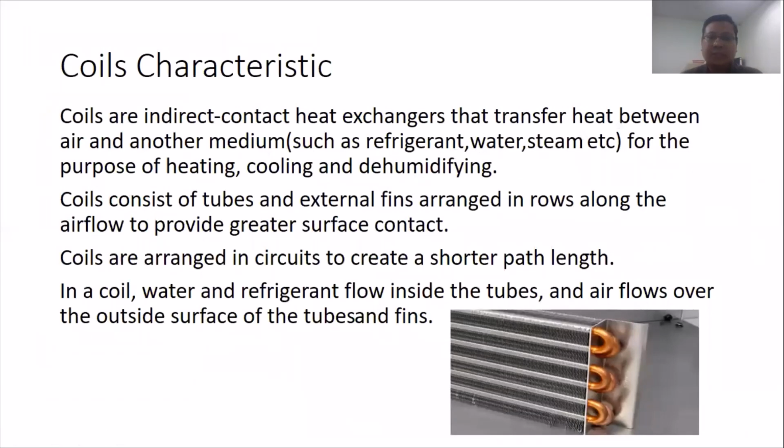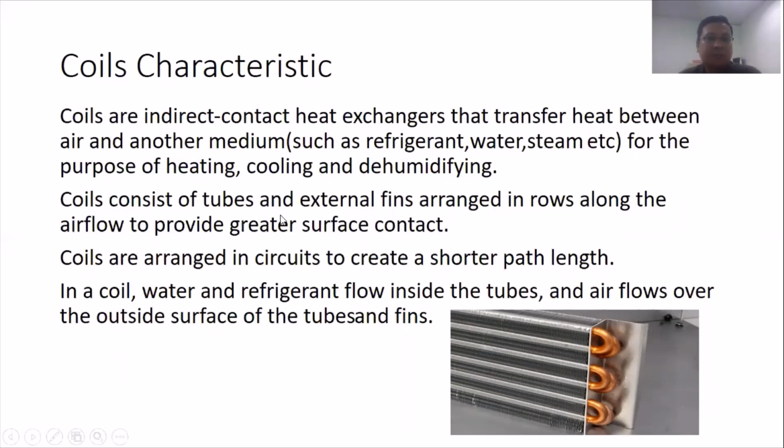So, coil characteristics. Actually, coils have several types and functions. Coils are direct contact heat exchangers that transfer heat between air and another medium, such as refrigerant, water, or steam, for the purpose of heating, cooling, and dehumidifying.